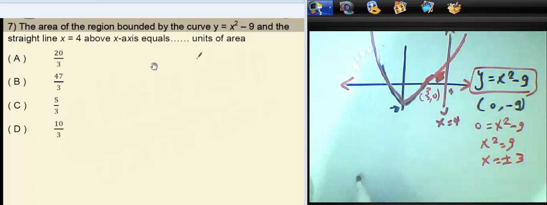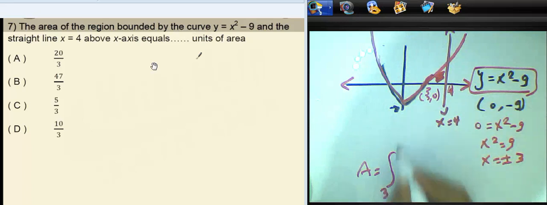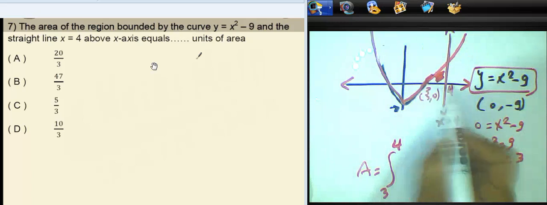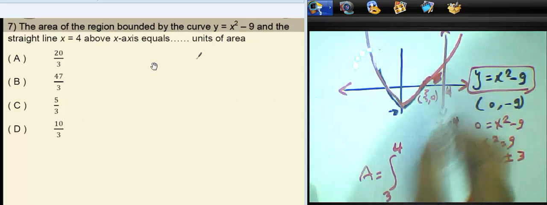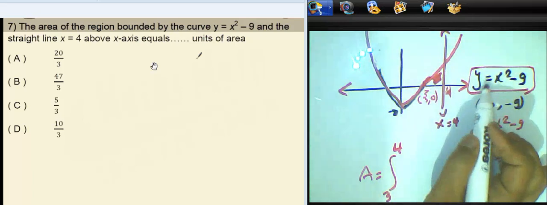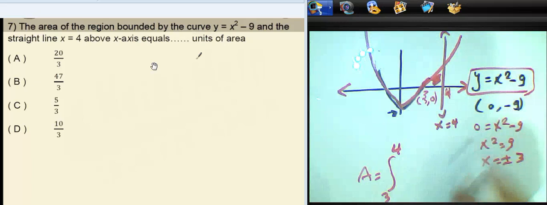Okay, so the area will be the integration from 3 to 4. 3 here and 4. And we can write up, subtract down. The curve up, subtract the curve down. This curve, we must know this function, the curve y equals x power 2 minus 9.